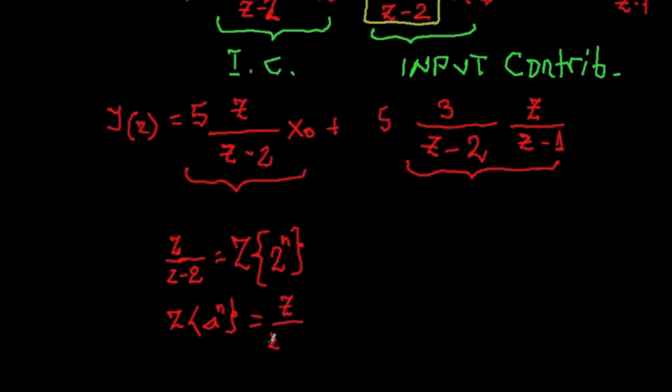So whenever you see this structure, z minus a, you already know that this is the sequence. Once you take the z transform of this sequence, you get to this expression. In other words, we already know that this term is going to be 5 multiplied by 2 to the k, with x being 0 in the difference world.